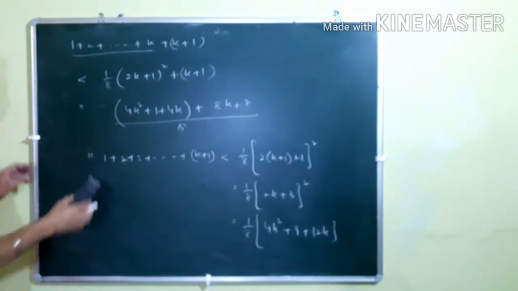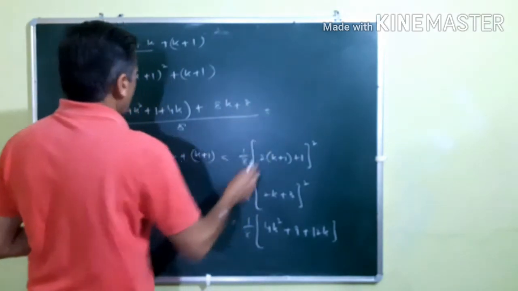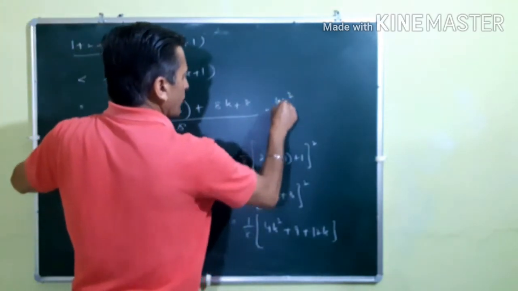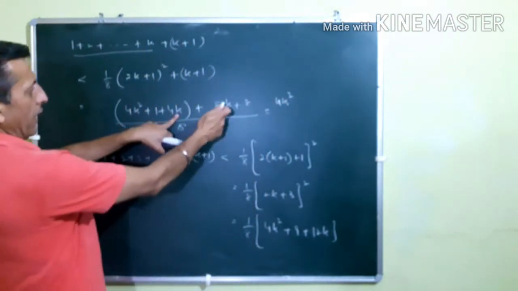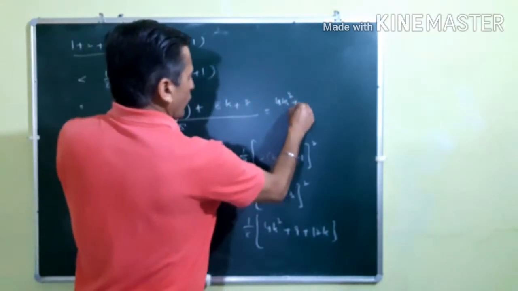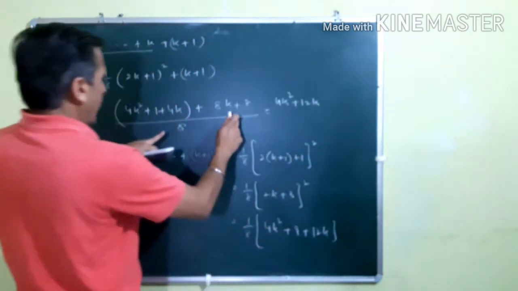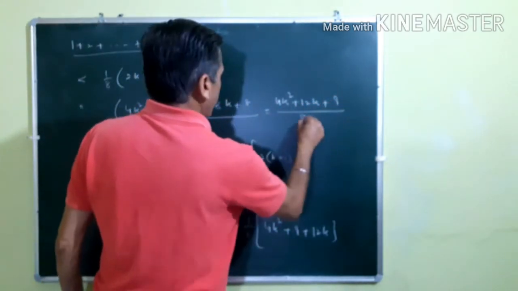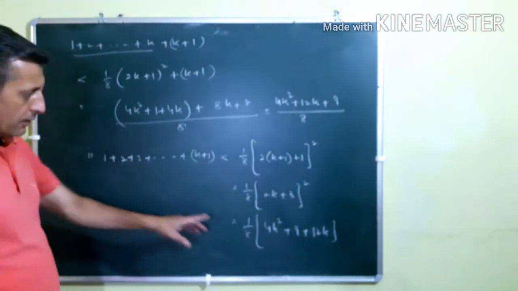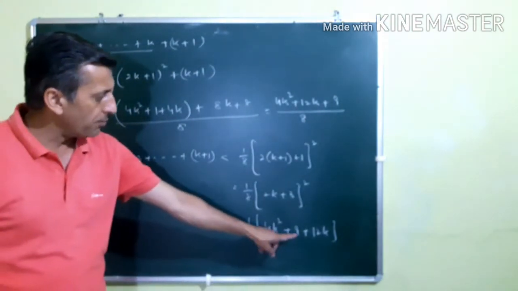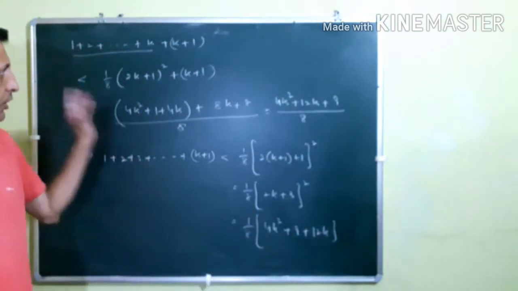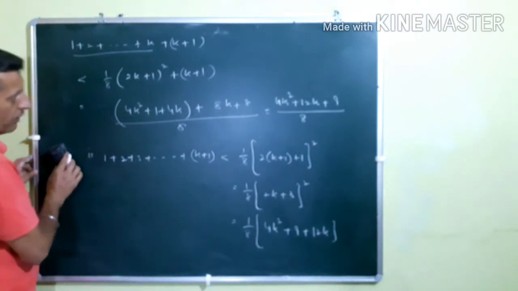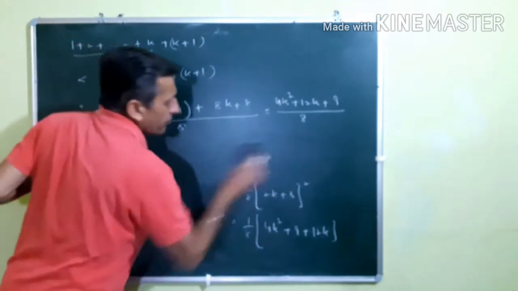Now let us solve this one. I'm going to keep 4k² as it is. 4k and 8k, 4 + 8 is 12k, and 8 + 1 is 9, all upon 8. Done, and this was the query: (4k² + 12k + 9)/8. So this shows the inequality.